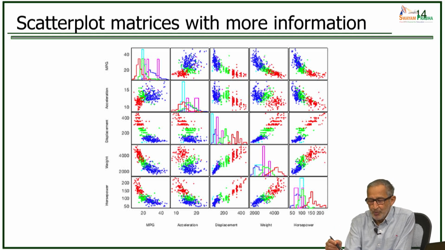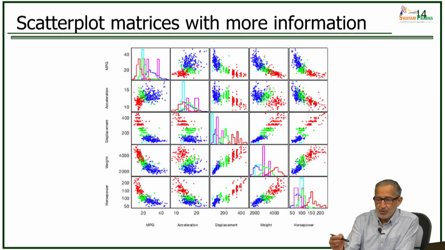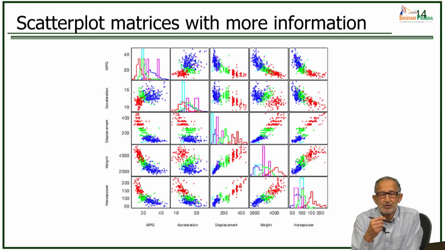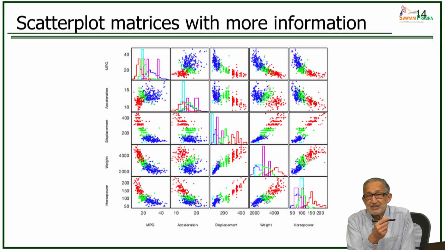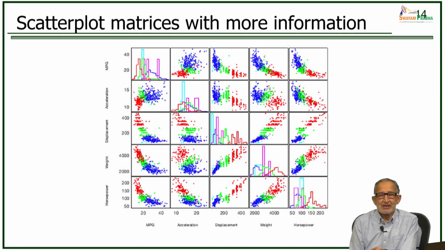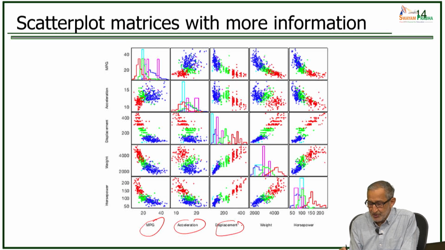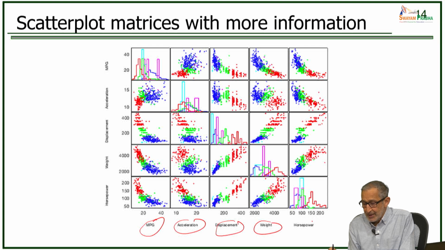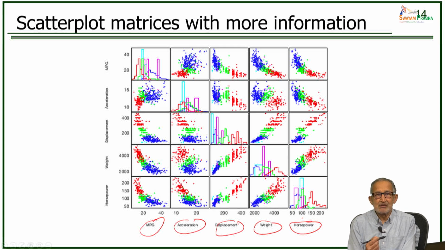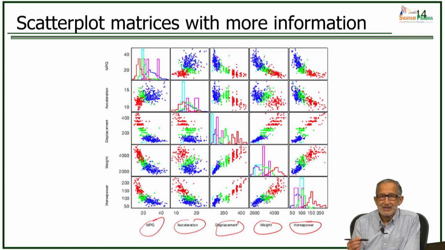The 3 predominant variables in red, green, and blue show up quite decisively. These correspond to cylinders 4, 6, and 8 in this data set. This data set consists of the miles per gallon, the acceleration, the displacement, weight, and horsepower of cars that run on 4, 6, and 8 cylinders, and additional cylinders as well, corresponding to the turquoise and the magenta colors.